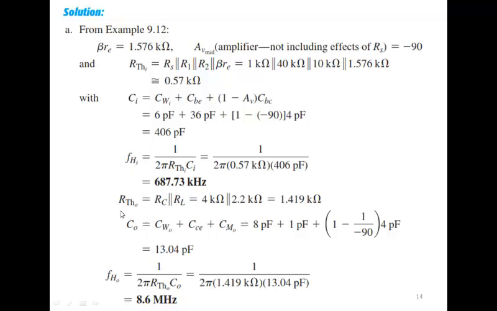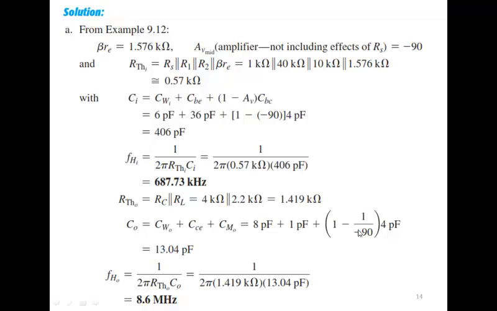Similarly, for FH0, you need to compute R Thevenin naught and C naught. R Thevenin naught is equal to RC in parallel with RN, and it comes out to be 1.419 kilo ohm, and C naught would be equal to the output wiring capacitance, junction capacitance and output Miller capacitance.